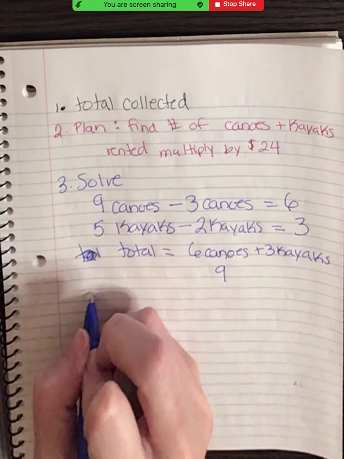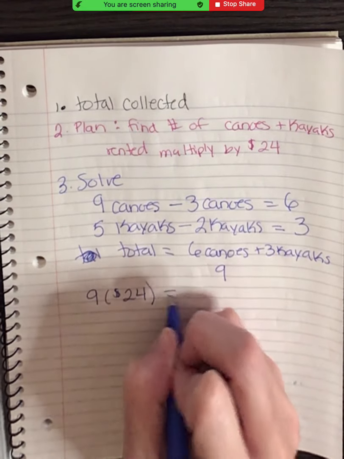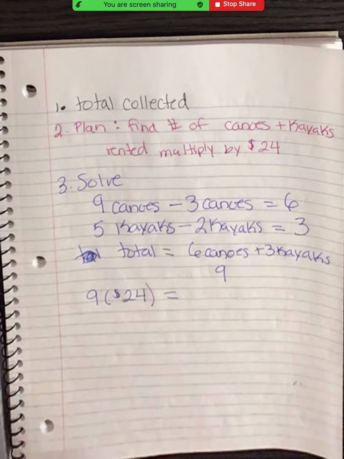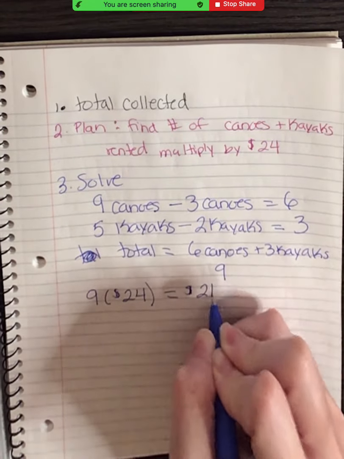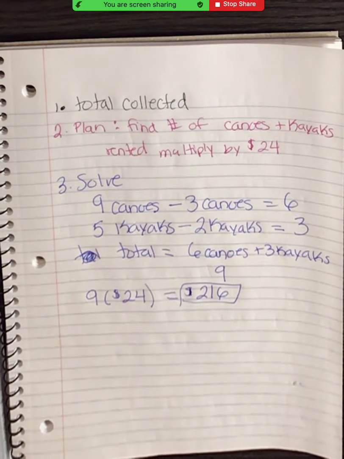Each one rents for $24 for the day, so 9 times 24 would give us $216. And check to see if it's reasonable. Okay, 9 times 20 is around 180.